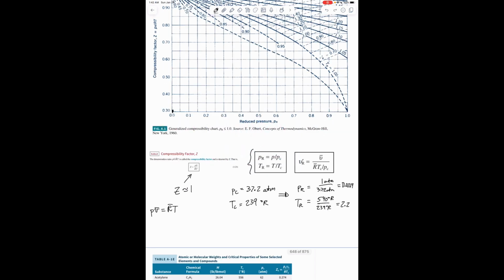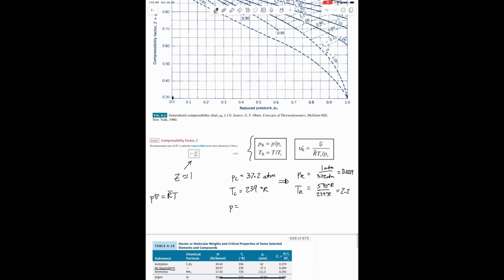To show a difference, I'm going to pick a pressure that's 1/2 of the critical pressure at a temperature that's the same as the critical temperature. Let's assume this is a new state that this air is going to reach. With these conditions, let's see our new reduced pressure and reduced temperature.